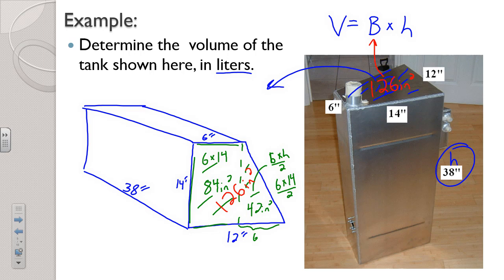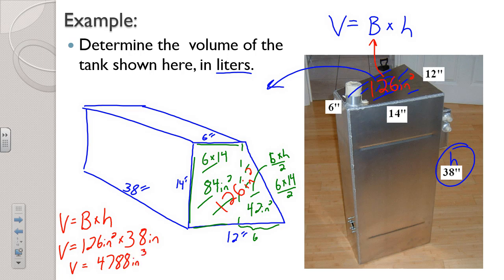That is the value of our B. So our volume, which is the area of the bottom times the height, is 126 square inches times a height of 38 inches. That gives us a volume of 4,788 cubic inches. Now that solves the geometry part of this, but let's convert that into liters.